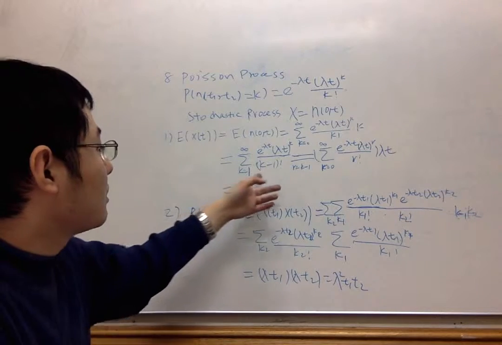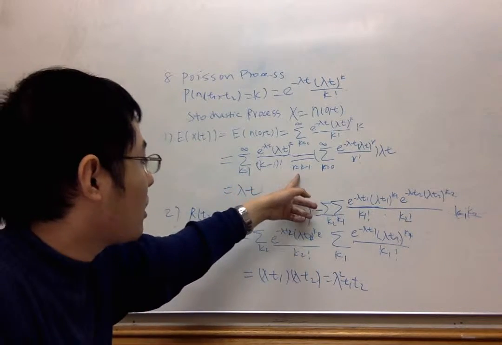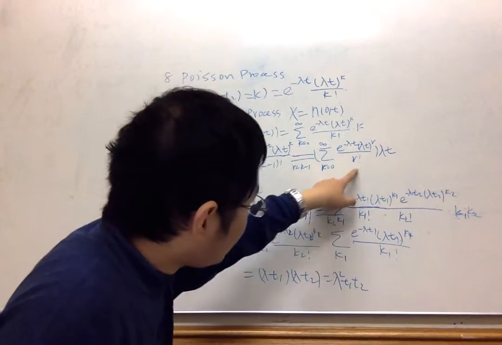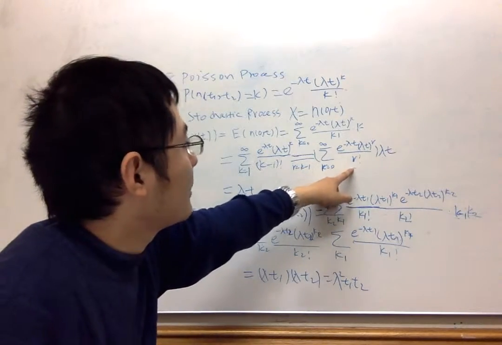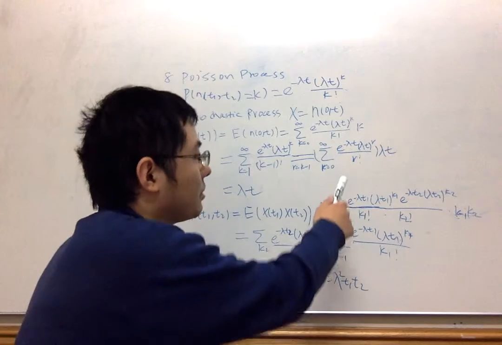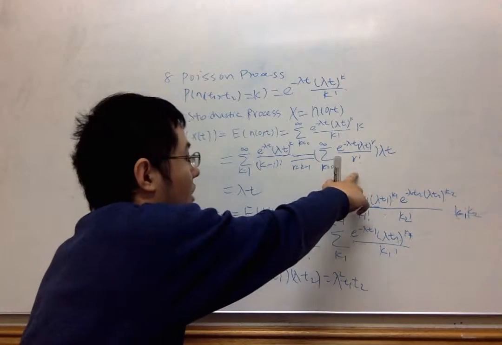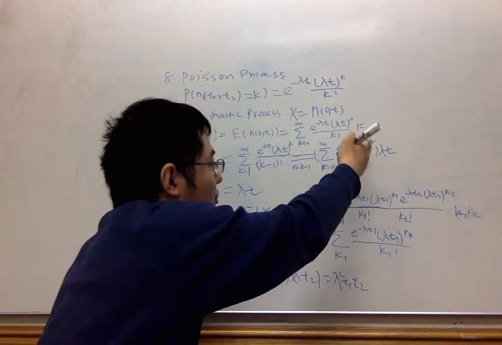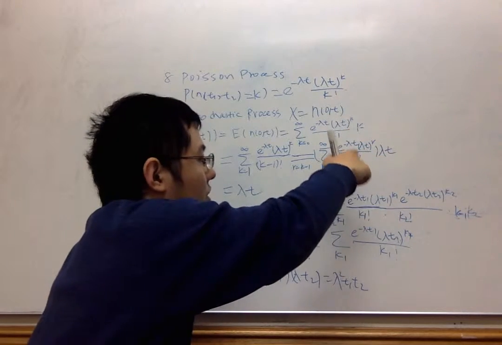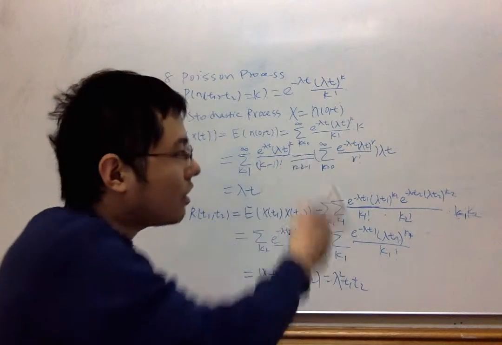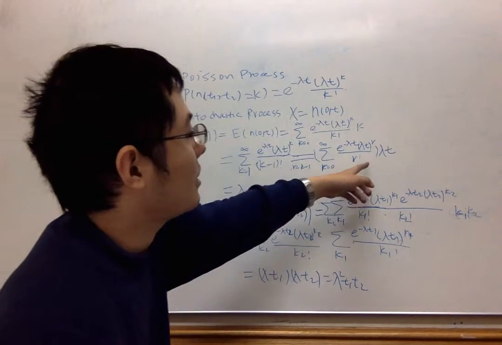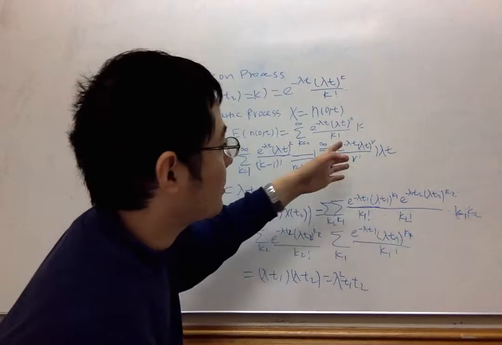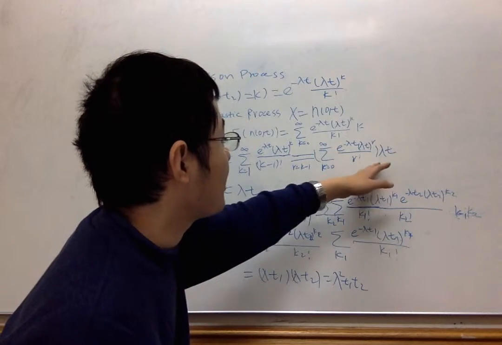We get r from 0 to infinity, and the denominator becomes the factorial of r. But when we substitute lambda t to the k with lambda t to the r, there should be another extra lambda t, so we just put that out of the summation.